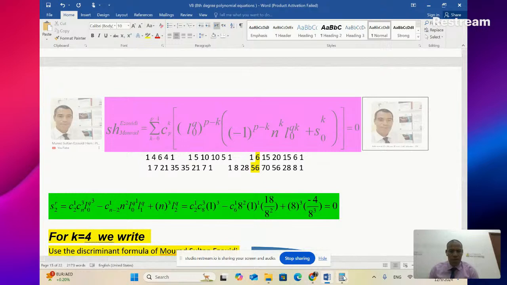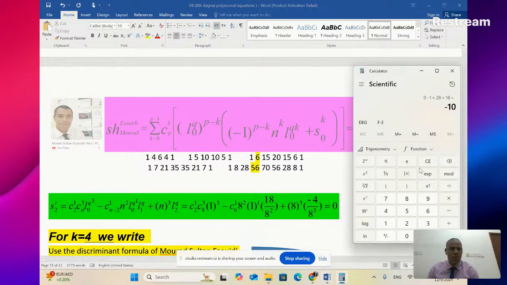I will use my calculator. Of course, learners, you can use your own calculator and calculate with me simultaneously to find the value of S2. Now you can see that 2 multiplied by 8 choose 3, this is 8 choose 1, 8 choose 2, this is 8 choose 3, means 2 multiplied by 56.